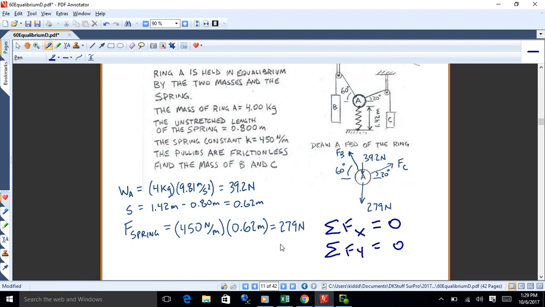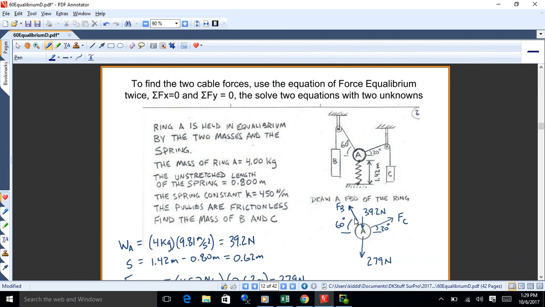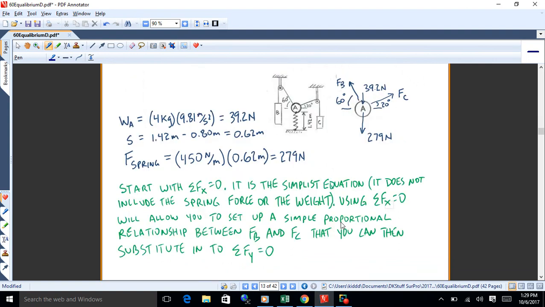But on a test, you won't really have that option because you have to use a simpler calculator. So we want to think about this. I would start with the simpler equation first with the intent of setting up the substitution. We're going to use the equations of force equilibrium twice, sum of Fx equals 0, sum of Fy equals 0, and solve the two equations with the two unknowns. I would start with sum of Fx equals 0. It's the simplest equation because it doesn't include the spring force or the weight. Using sum of Fx equals 0 will allow me to set up a nice simple proportional relationship between Fb and Fc that can be substituted into sum of Fy equals 0. That's why I'm doing this.